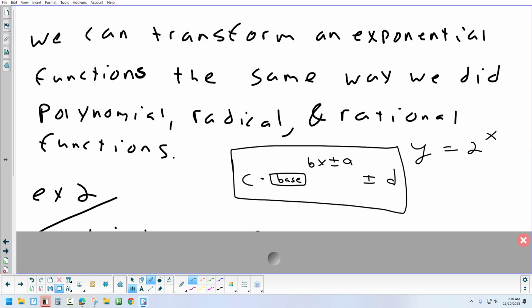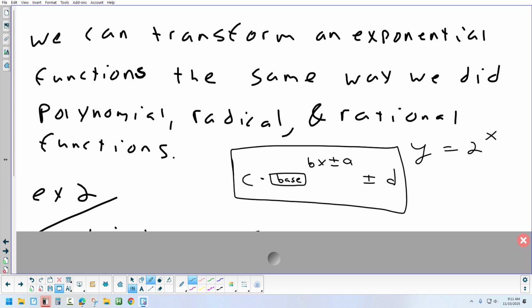There are going to be reflections, but it just won't be with A. Yep. Horizontal shift. That A is a horizontal shift. Anytime you are adding or subtracting inside the function, inside the exponent in this case, horizontal shift. Positive will shift it to the left and negative to the right.